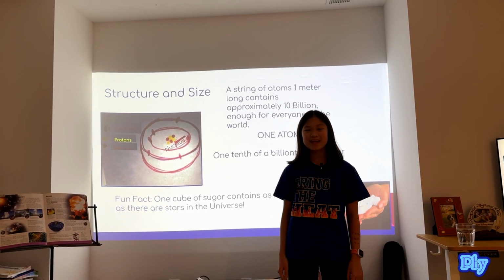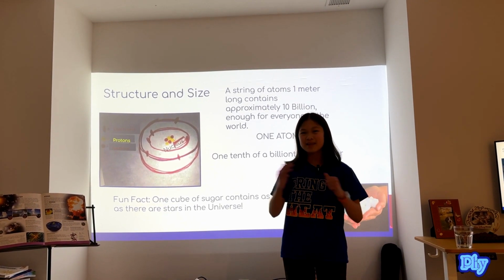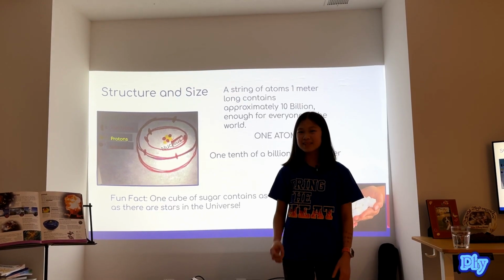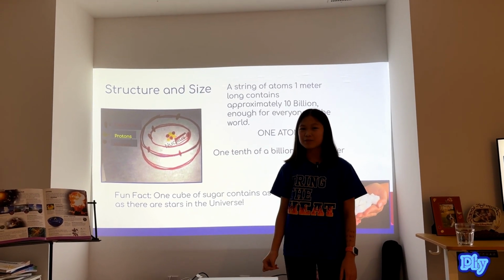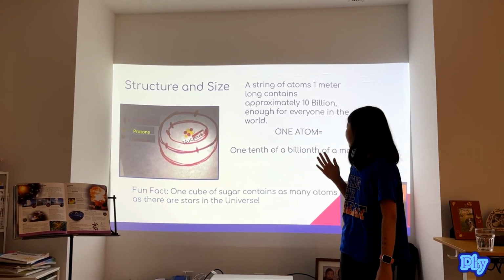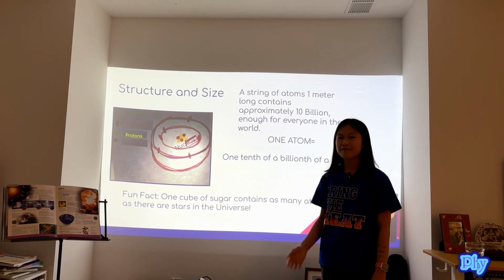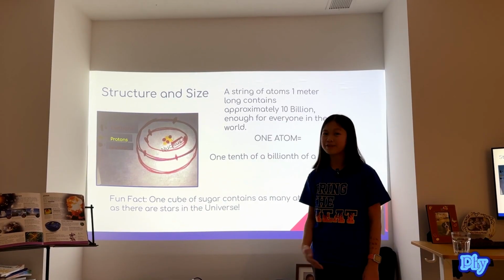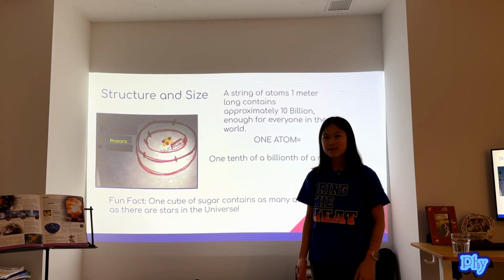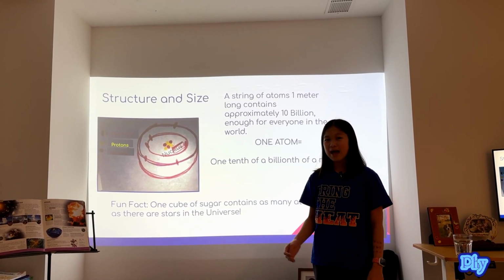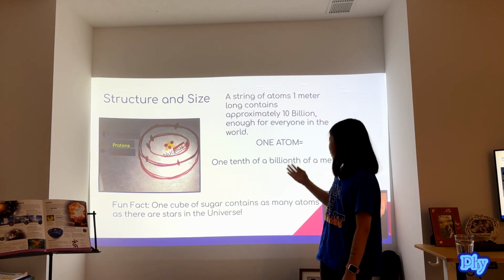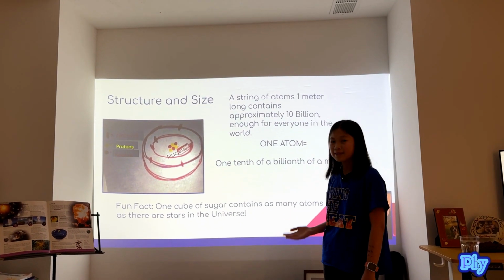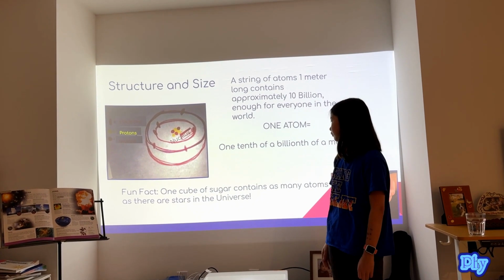The structure and size of an atom is all the same. The size of an atom is approximately 1/10 of a billionth of a meter. A meter is not that long compared to other units of measurement, but atoms are even billionths of a meter.